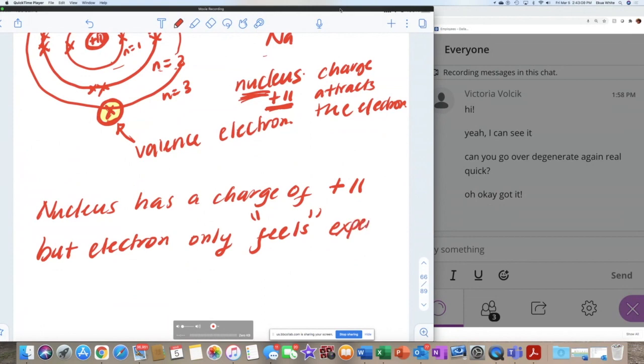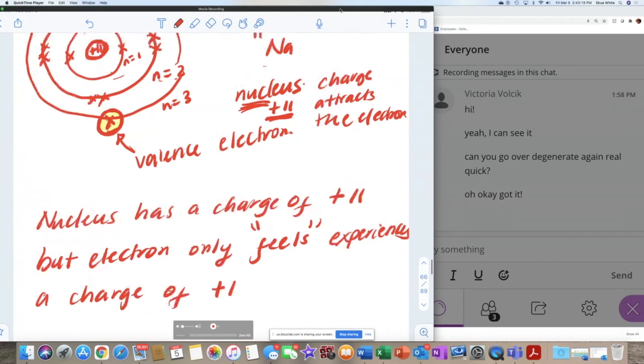It's really experiences a charge of plus 1. Why only plus 1?